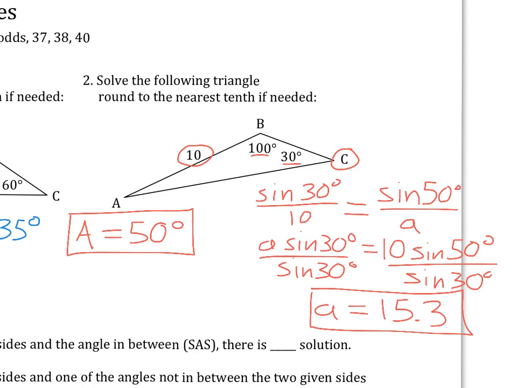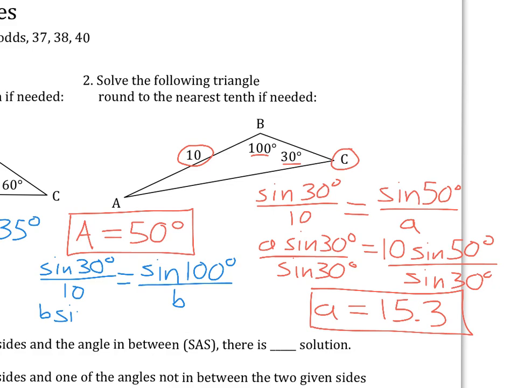Alright, so I'm going to use the first half of that equation again, sine 30 over 10 equals, now we want to use sine angle B over side length B. Alright, so cross multiply, you get B sine 30 equals 10 sine 100.